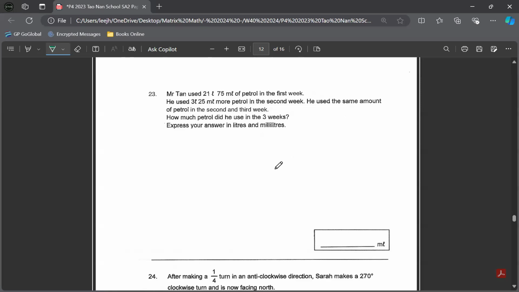Okay. So first week he used 21 liter 75 ml. So just write first week 21 liter 75 ml. But second week he used this much more. So we have to do an equation, which is more than the first week. So 21 liter 75 ml plus 3 liter 25 ml.